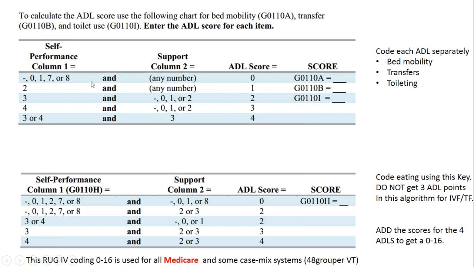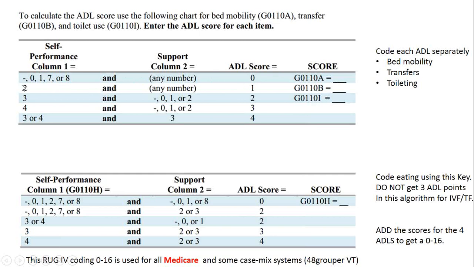If the patient's self-performance is coded as a dash, we don't know, a 0, 1, 7, meaning it happened less than 3 times, or 8 didn't occur at all, any amount of support, you're going to get 0 points. Doesn't matter. Even if we had 2 people help them on one day, you're still going to get 0 points.